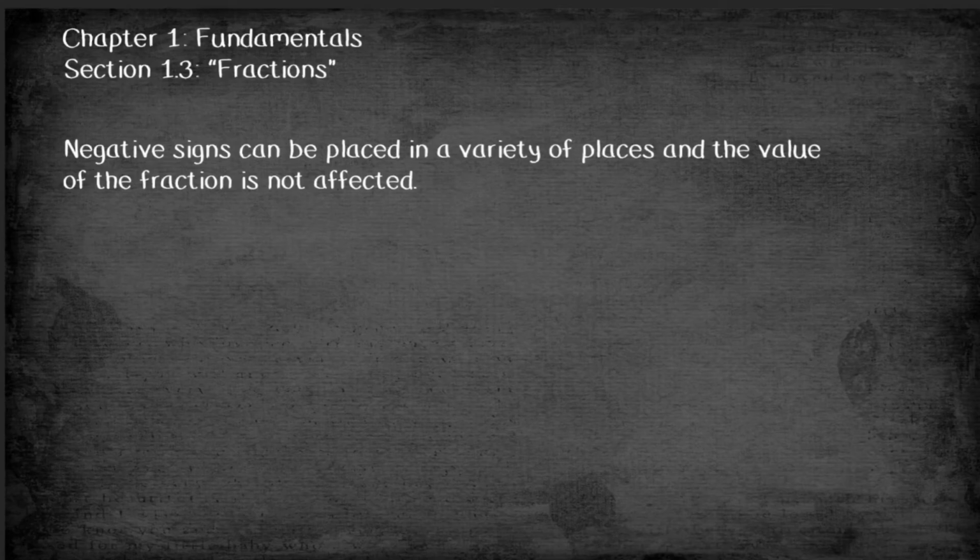One last thing that seems to cause a lot of confusion when it comes to fractions is the location of the negative sign. The negative sign in a fraction could be placed in a bunch of different locations. For example, if you had the fraction negative 3 over 4, that's the same as 3 over negative 4.